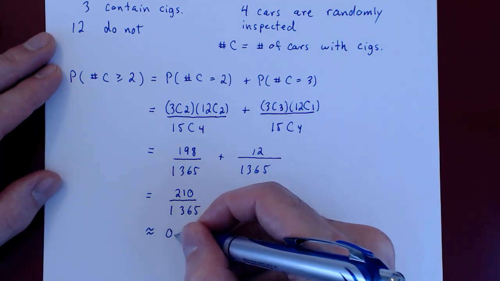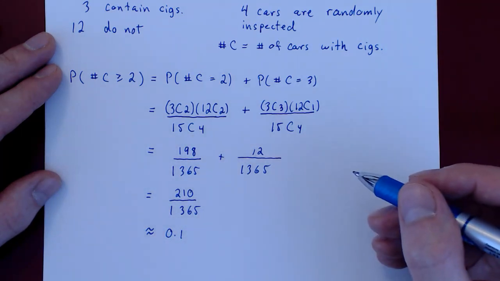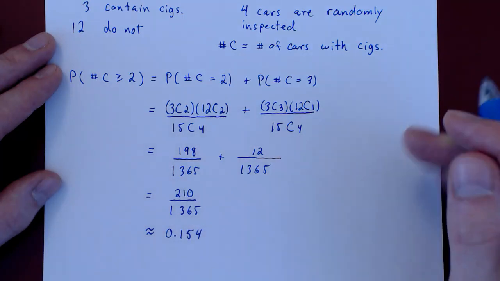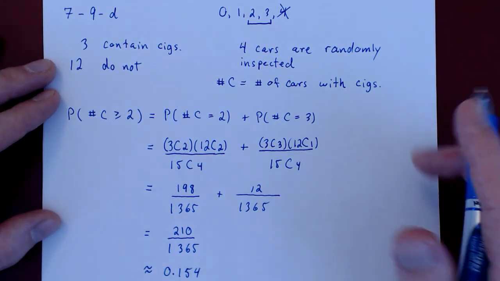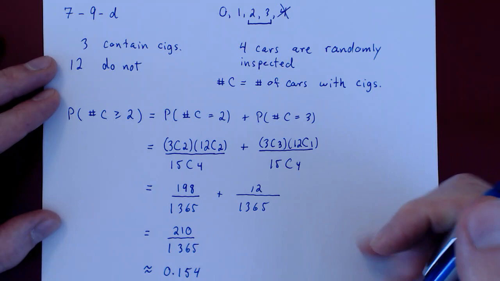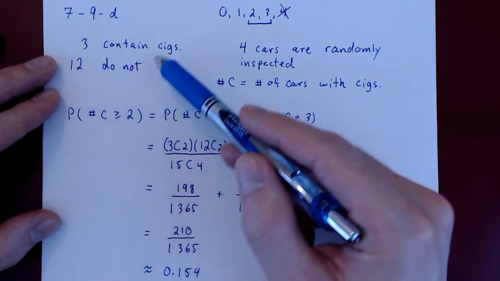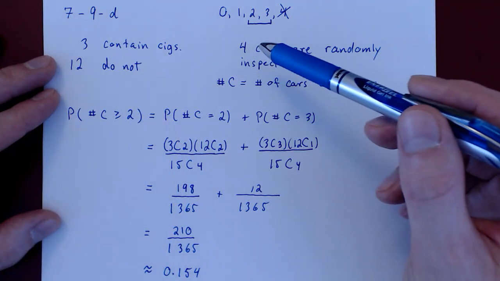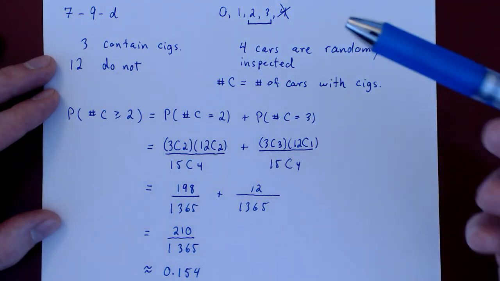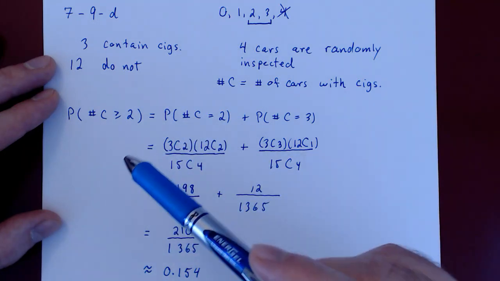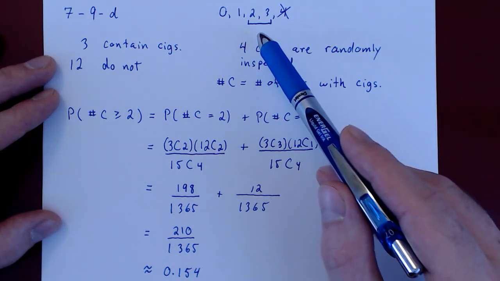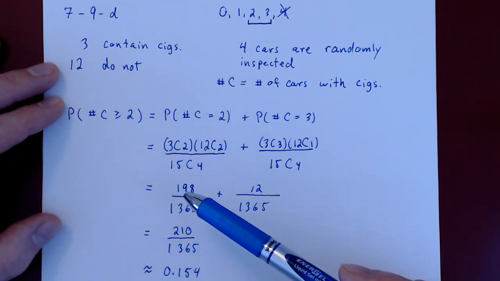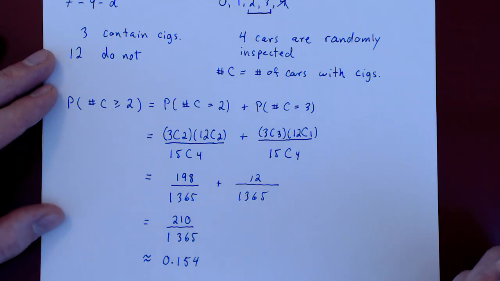The approximation, rounded off to the 3rd decimal place, is 0.154, so about 15%. To summarize, there are 15 cars in total, 3 of which contain cigarettes. Out of those 15, 4 are randomly selected and inspected, and the probability that at least 2 of the 4 cars selected for inspection contain counterfeit cigarettes is about 15%.